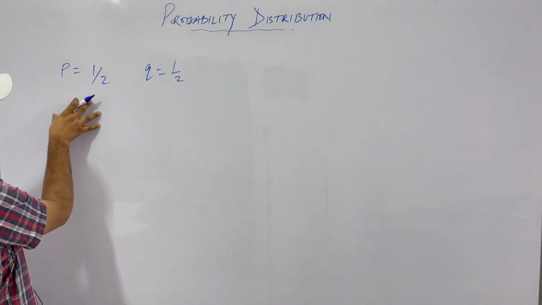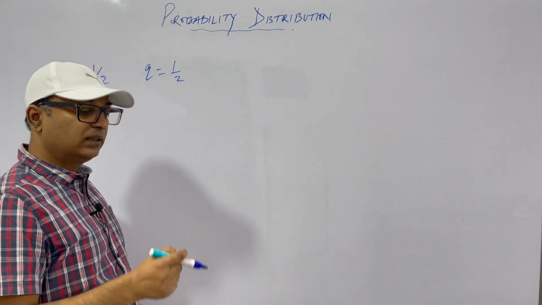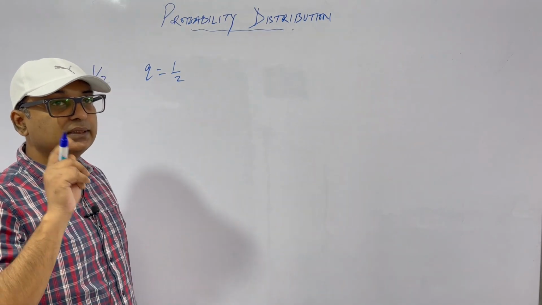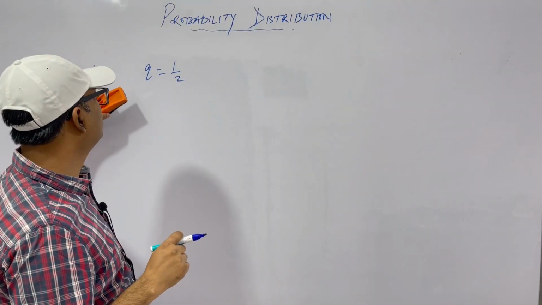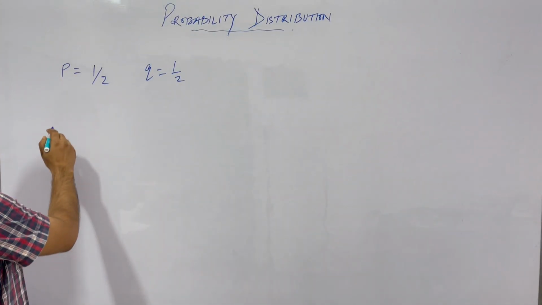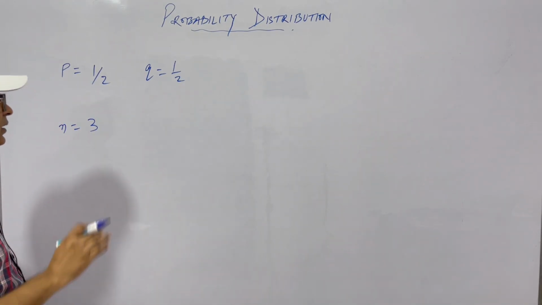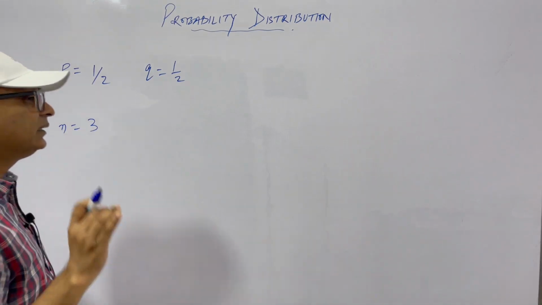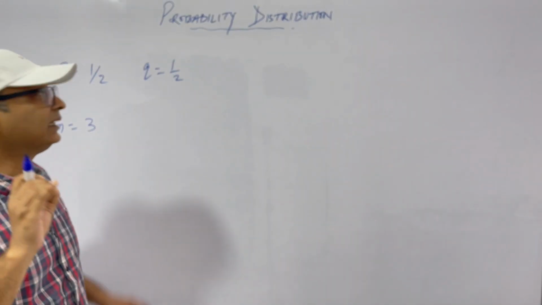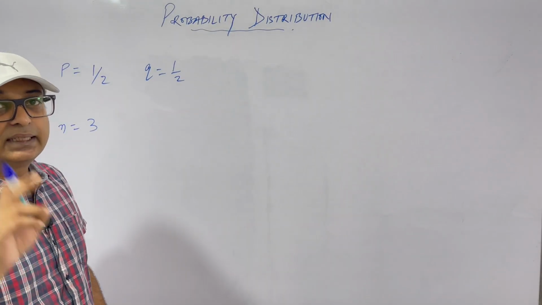So if we toss a coin once, our probability is 1/2 of getting a head. If we toss 3 times, the question is, what is the probability of getting head exactly, let's say, 2 number of times? How do we do this?